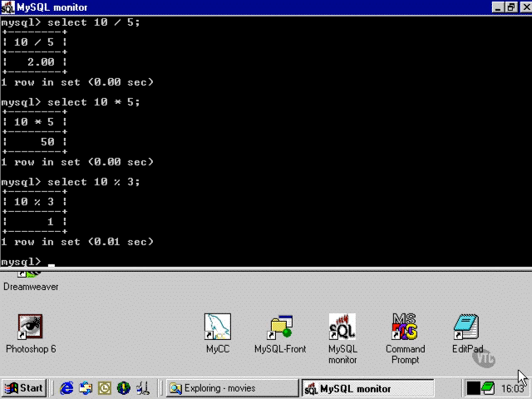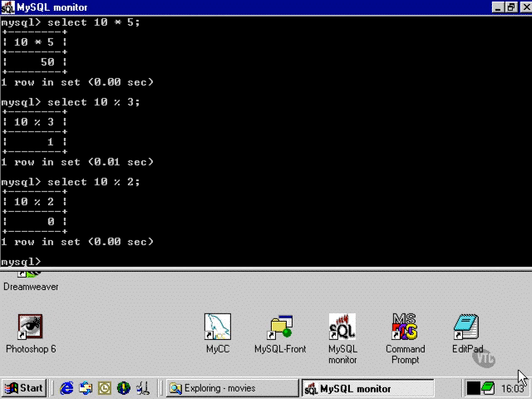In this case, 1, because although 10 doesn't go into 3, 3 threes are 9, and then 1 is left over. Whereas, for instance, if we said 10 modulo 2, because 10 is a multiple of 2, we get 0 as a result.